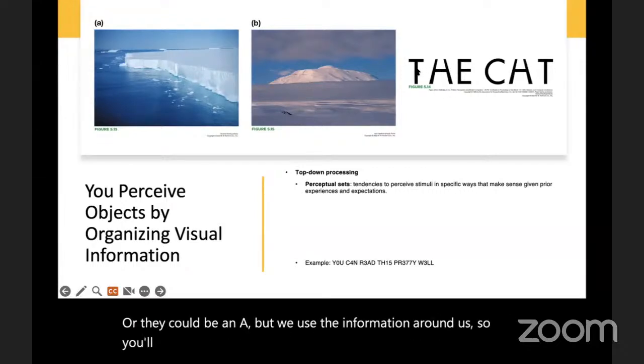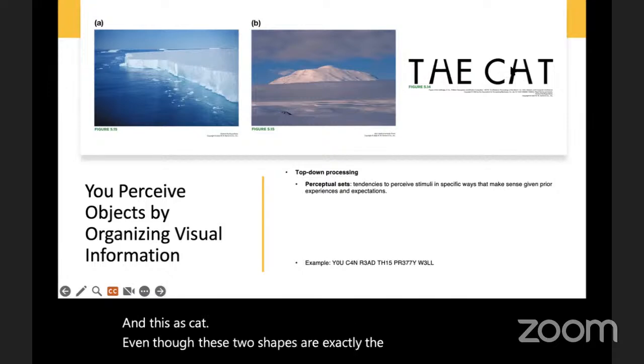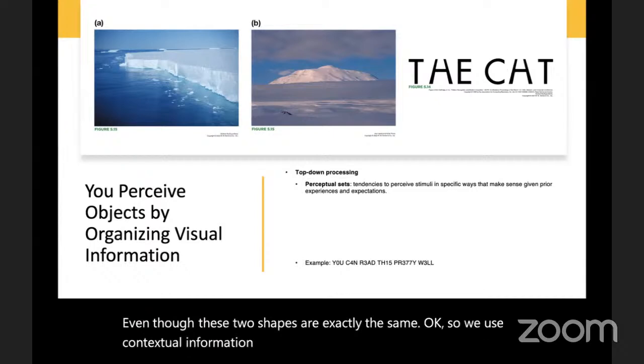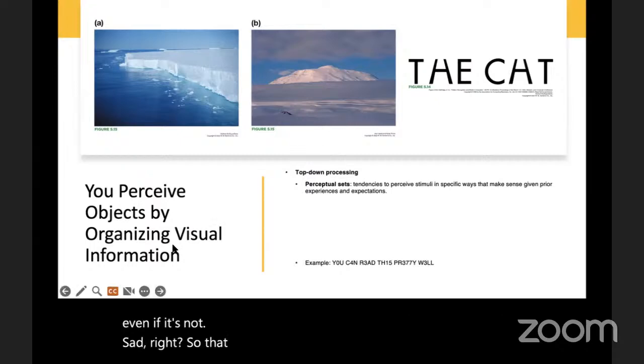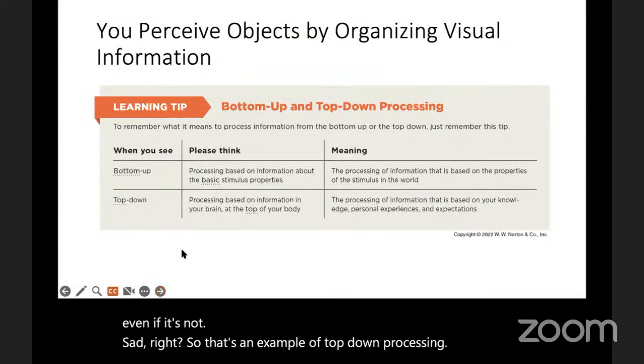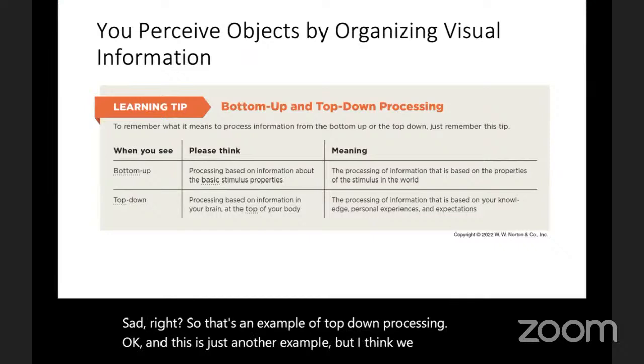So you'll notice we read this as "the" and this as "cat," even though these two shapes are exactly the same. Okay, so we use contextual information to determine what a word is, even if it's not said right. So that's an example of top-down processing. Okay, and this is just another example, but I think we have that.